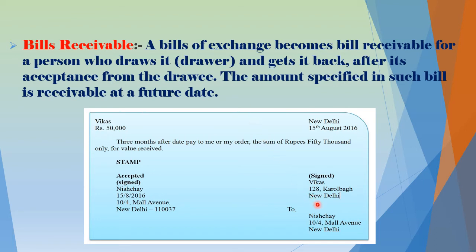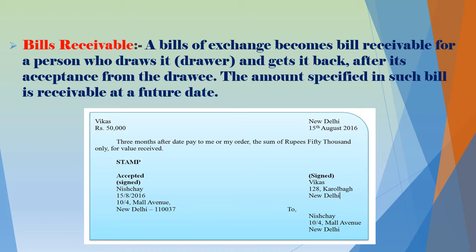He is drawing the bill and gets it back after its acceptance from the drawee. So he gives it to Nishchay, and Nishchay accepts the bill. He says okay, fine, and signs it, and this drawee accepts and gives it back to Vikas. So for Vikas, this becomes the bills receivable.